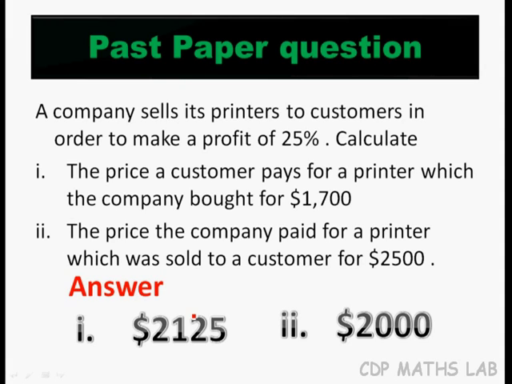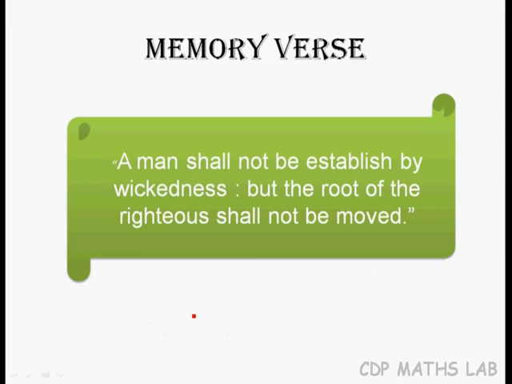Big up. That's it. Now, I want to read this memory verse to you, ladies and gentlemen. And I want you to take this very serious. It says, a man shall not be established by wickedness, but the root of the righteous shall not be moved. Do you understand that? You mustn't try to use wickedness to get yourself rich.